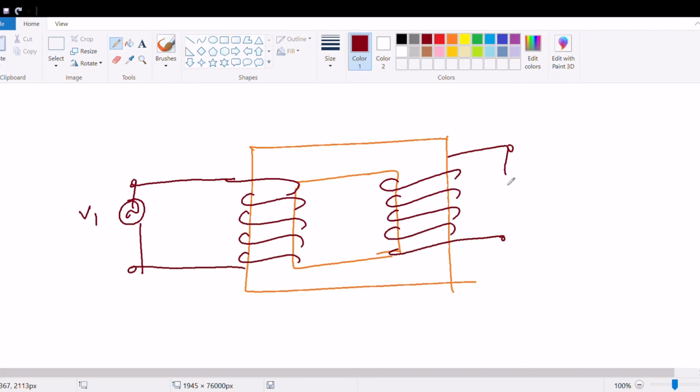V1, that is represented as V2. Otherwise, simply put a load here. We put a load generally. It has a resistance, or more practically, it has an impedance.